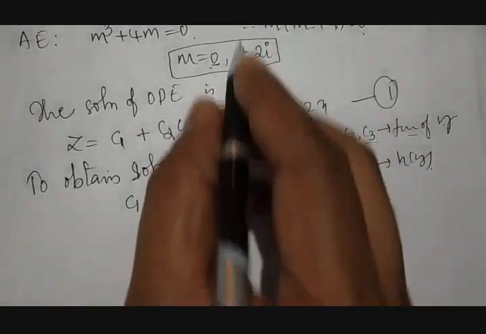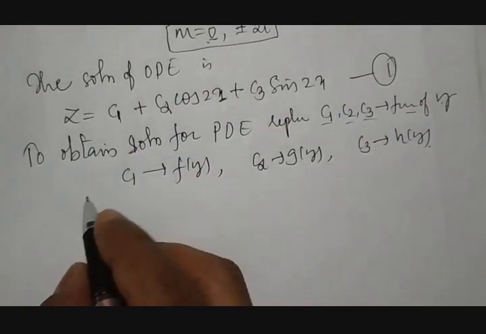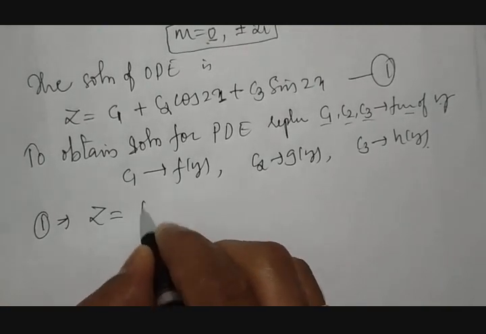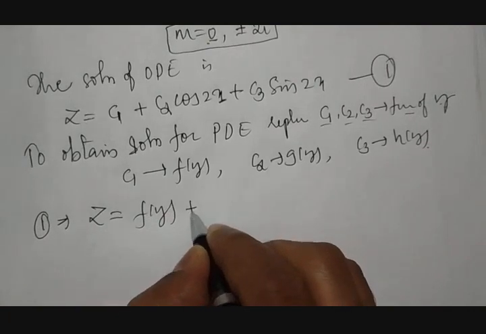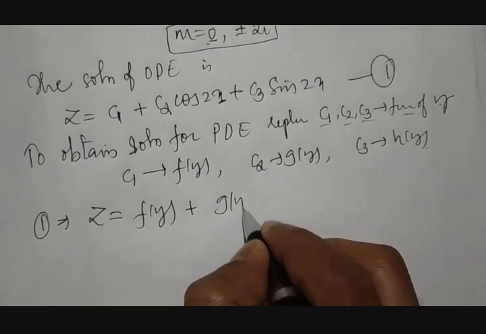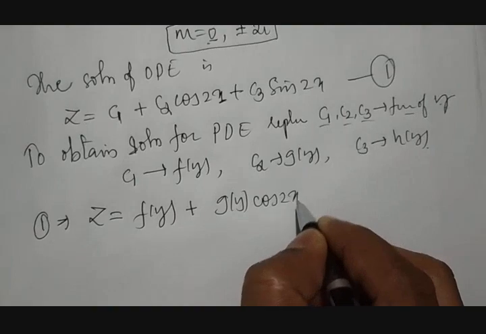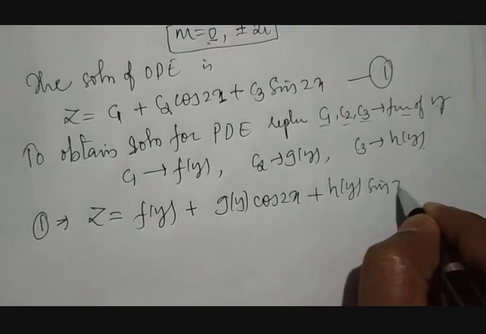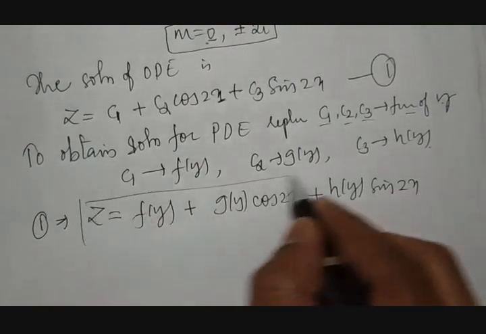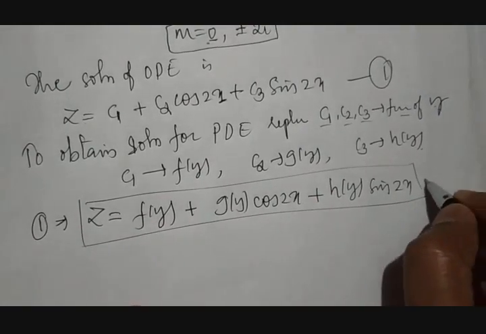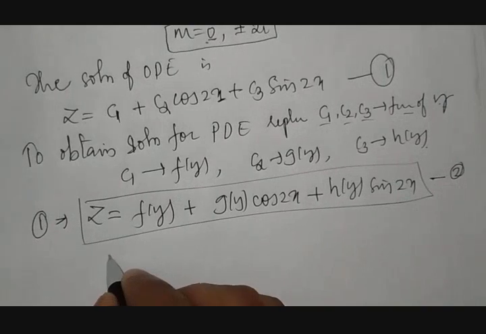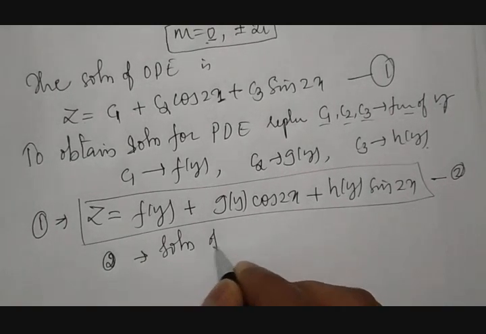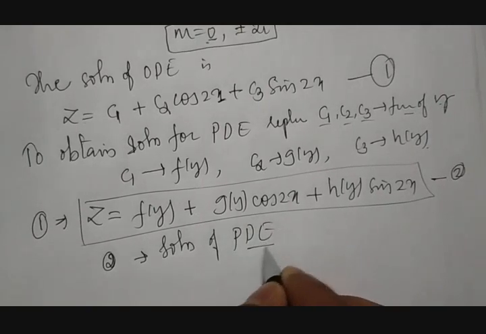If you substitute these replacements in equation number 1, it becomes z = f(y) + g(y) cos 2x + h(y) sin 2x. I call it equation number 2, and equation number 2 represents a solution of the partial differential equation.